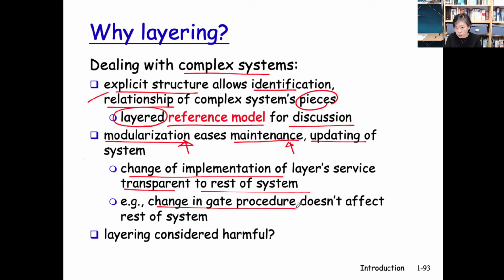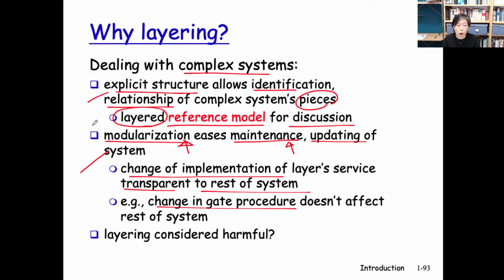If we change the gating procedure and we decided that we let the first class passengers go last, it's not going to change how the pilots communicate with the traffic control, in order to find out which runway to take off. So each module is more or less independent, and the communication across modules, across layers, is minimal.